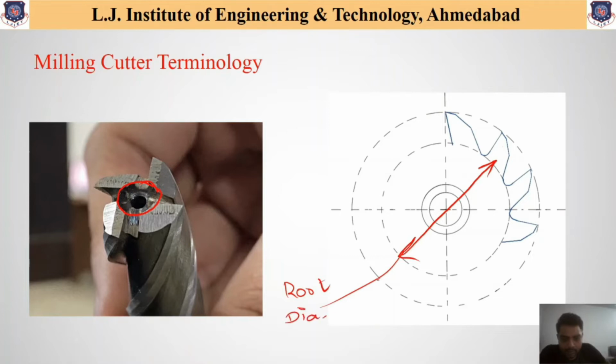So this is the first terminology, the root diameter. As we have shown on this figure, you can understand very easily what the root diameter is.